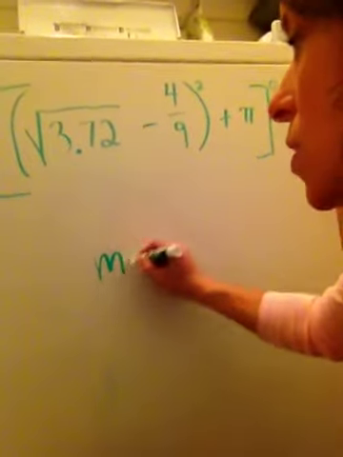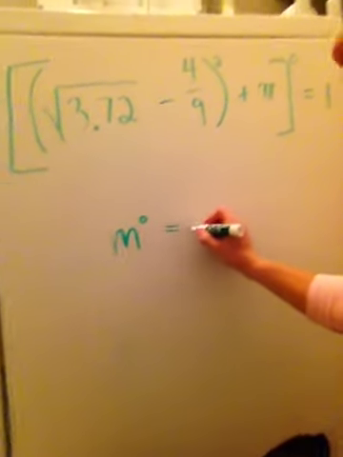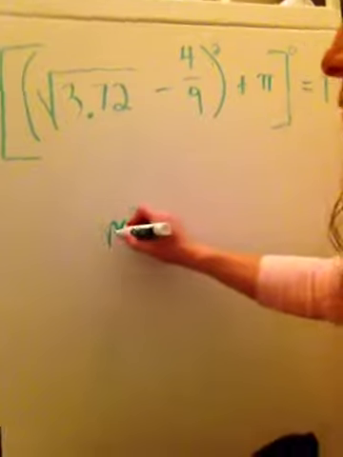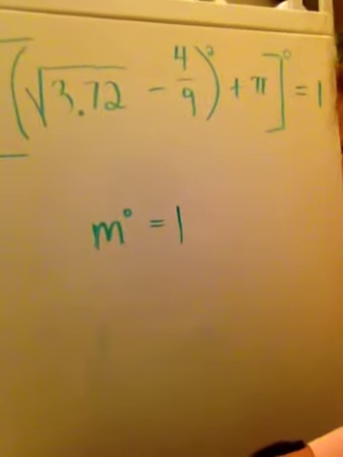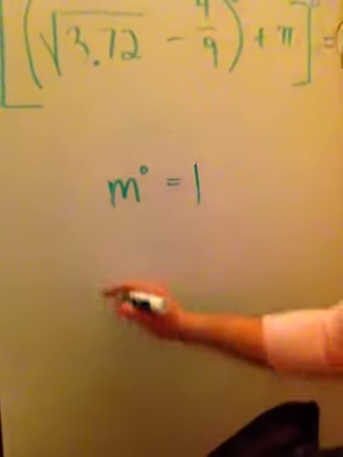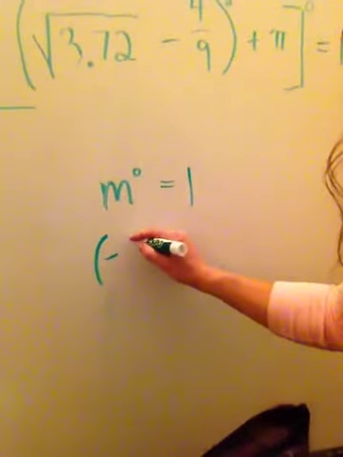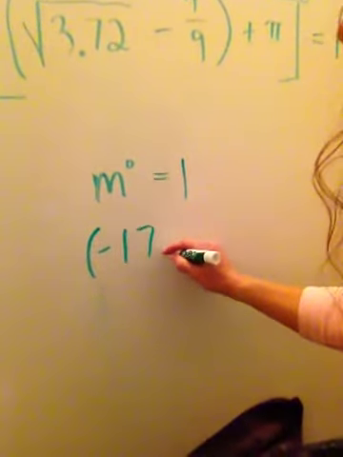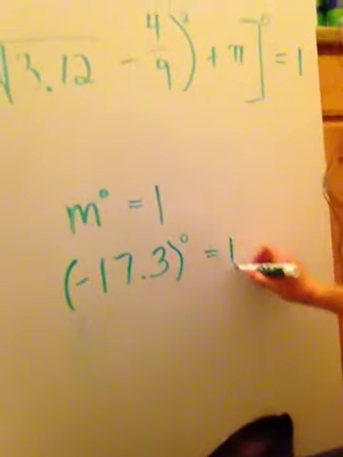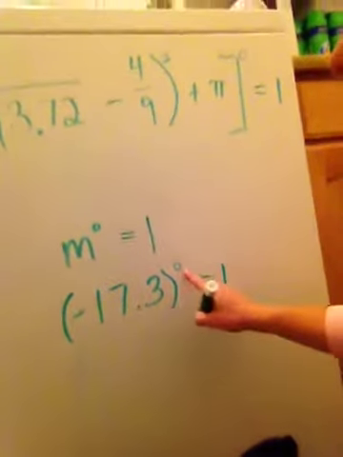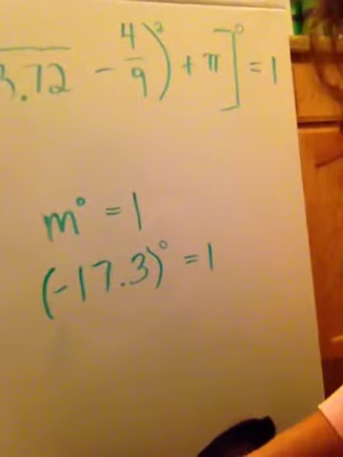You'll also be given exponents, so if I have m to the 0 power, that is also 1. If I have negative 17.3 to the 0 power, that's still 1. Anything to a 0 power is just 1.